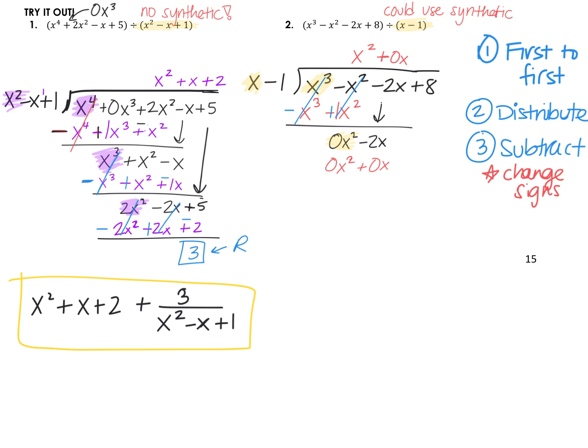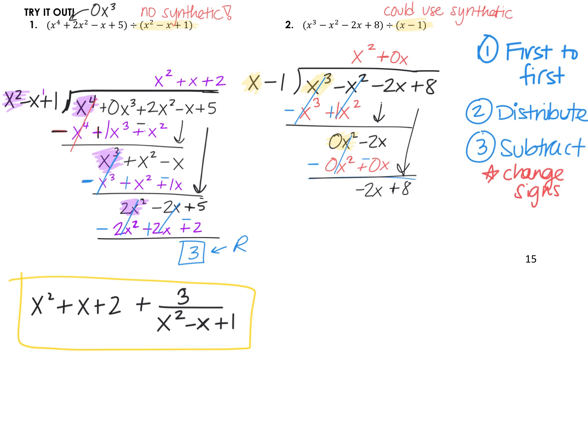Seems kind of silly. So now you're going to subtract, and these will cancel. Sorry, I should have been black. And we forgot to change signs, but it doesn't matter because it's going to be negative 2x regardless. Okay. So just showing you how you can do it with zeros. If you wanted to cancel both out and just bring down negative 2x plus 8 all at once, that would have been fine.